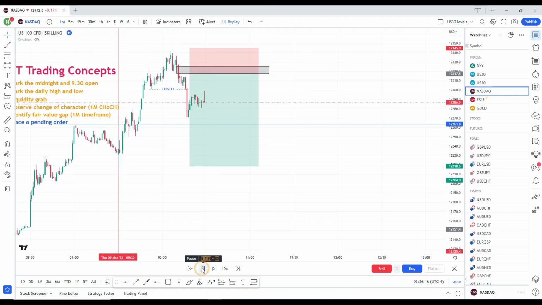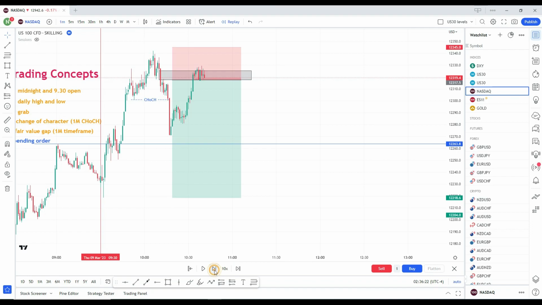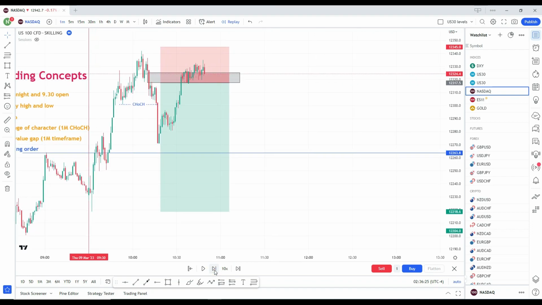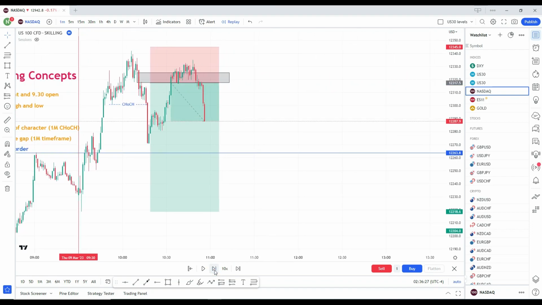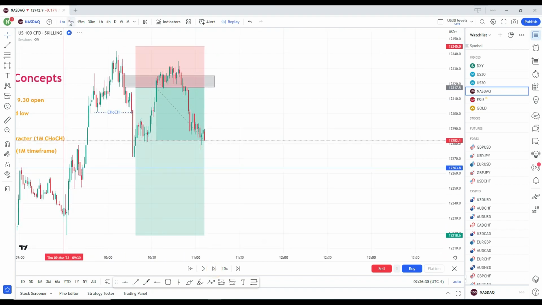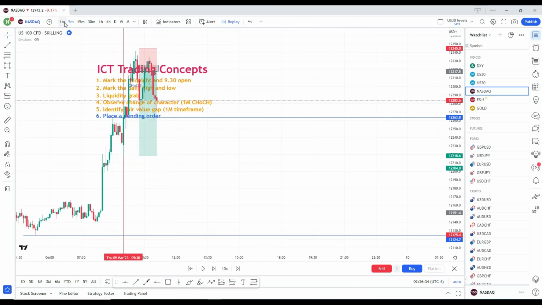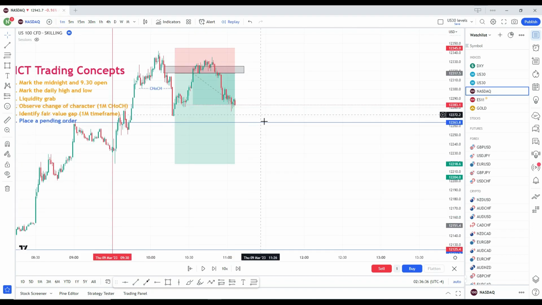Let's see if we'll be triggered. We're in the trade now. A little drawdown. Maybe you can go to 5 minutes to make it faster. Let's take to 1 minute.